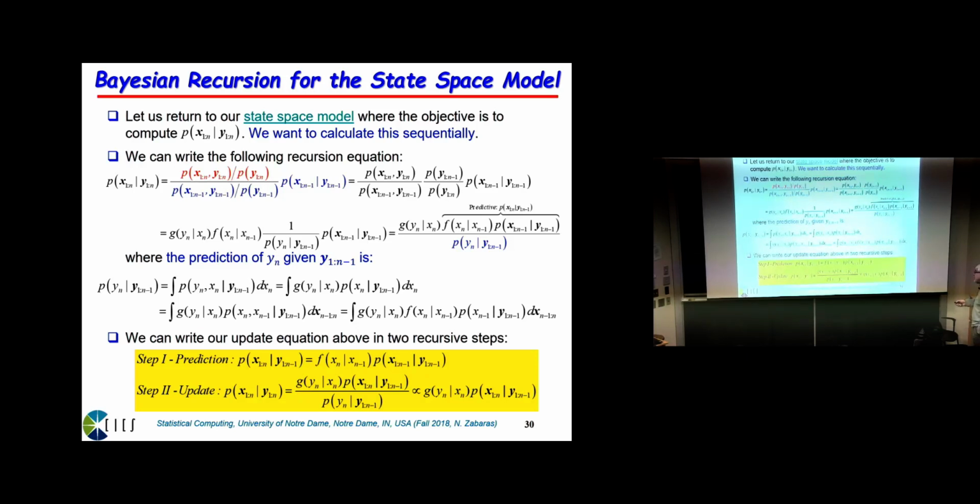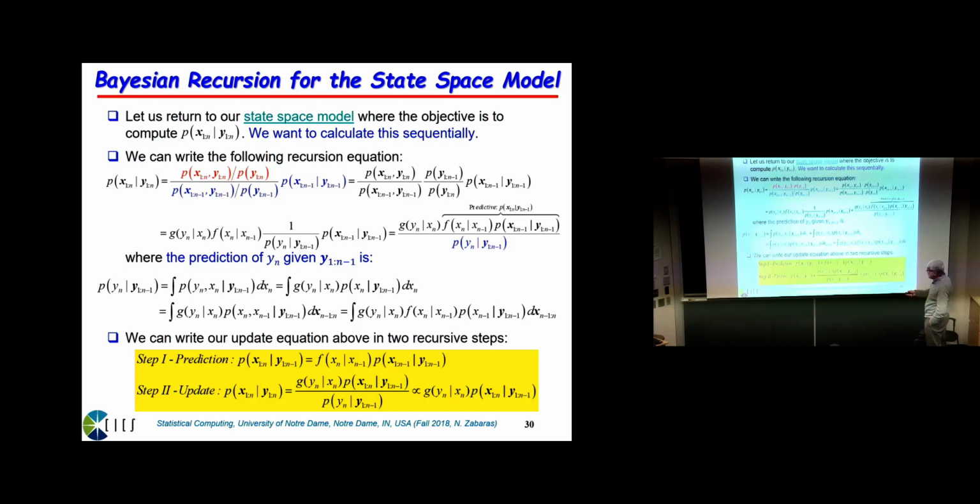The idea here is, if you already have this distribution, you do a prediction of the state at xn. Given the data only up to n minus 1, you can compute this predicted distribution. The only thing you have to do is multiply this with the transition probability that you see there.